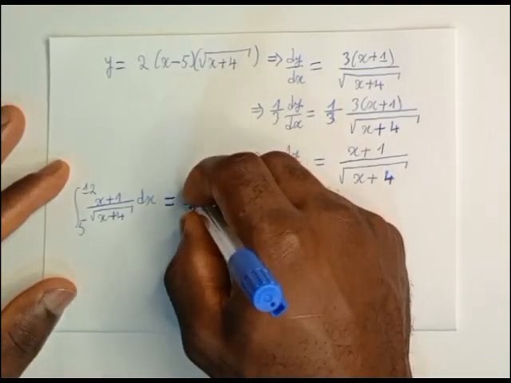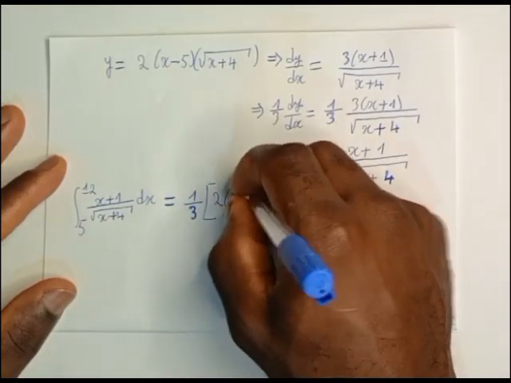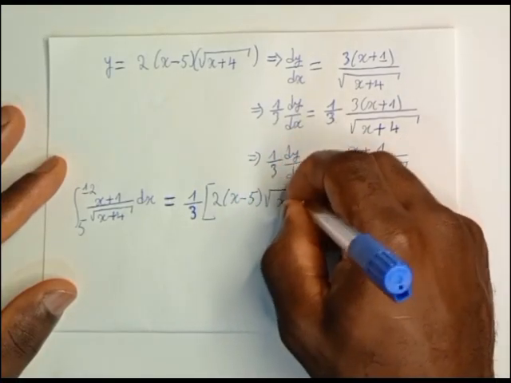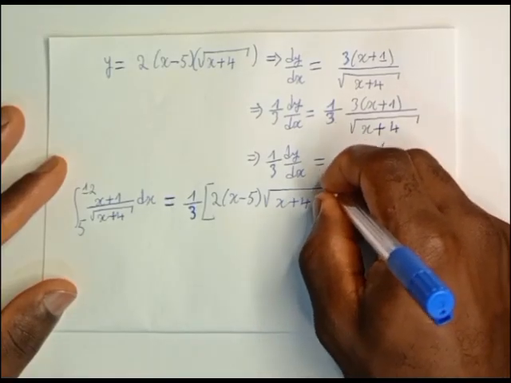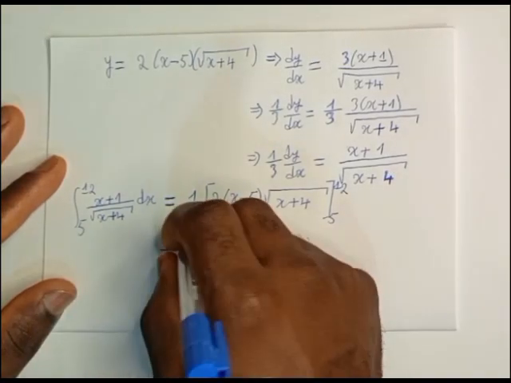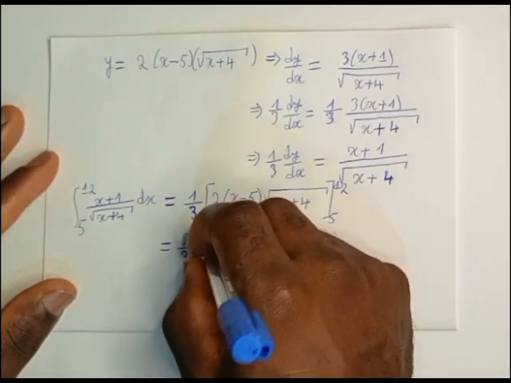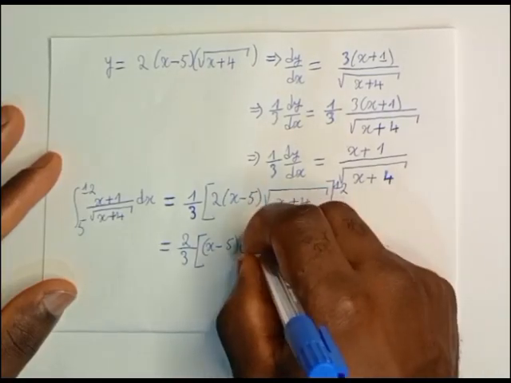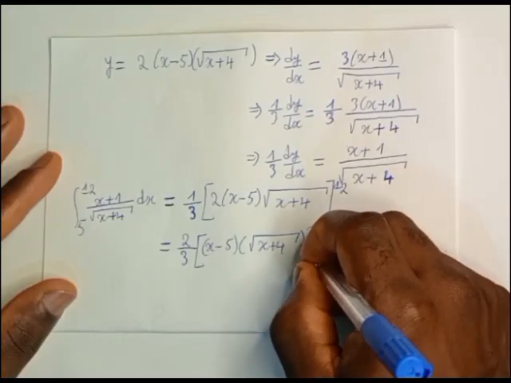This will give us 1/3 times 2 times x minus 5 times the square root of x plus 4, for x equal to 5 to x equal to 12. We can send out 2, which gives us 2 on 3 times x minus 5 times the square root of x plus 4 from x equal to 5 to x equal to 12.